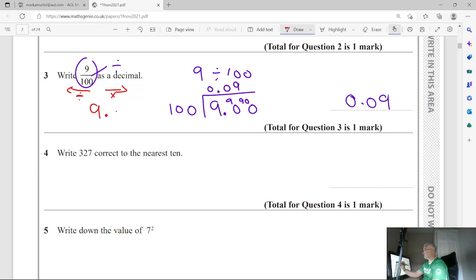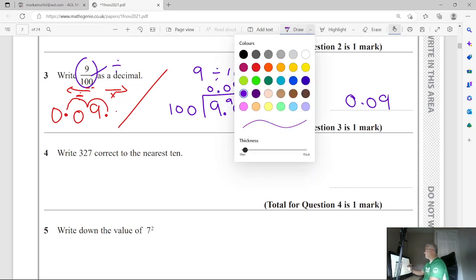So I'm dividing by 100, so I've got 2 zeros, so I'm going to move it 2 spaces. Decimal point's going to go there, and I could infill with placeholders. So again, 0.09. That's just a different way of thinking about it as opposed to doing the bus stop division. Okay, let's go to the next question.